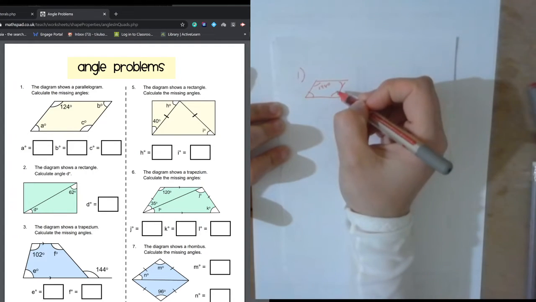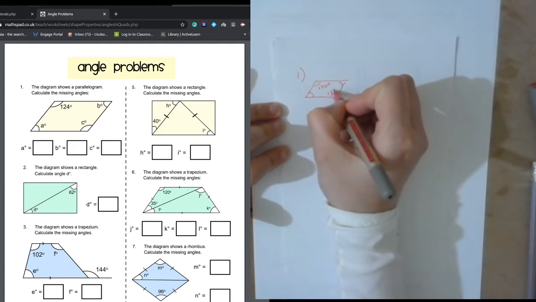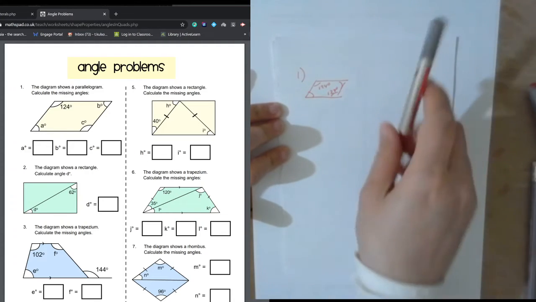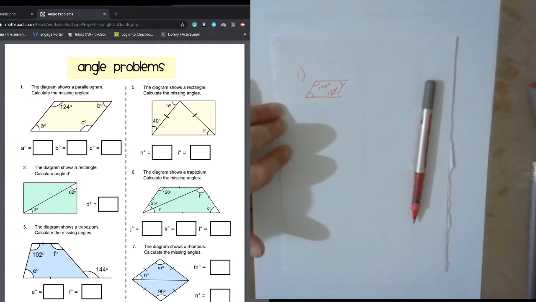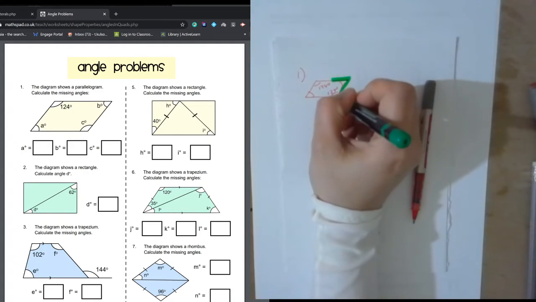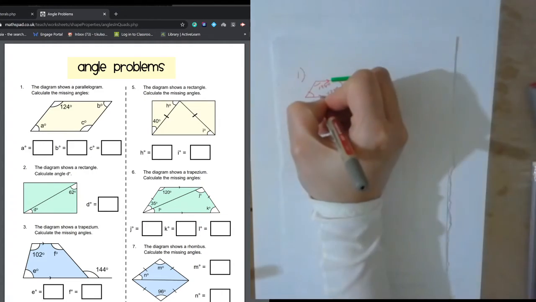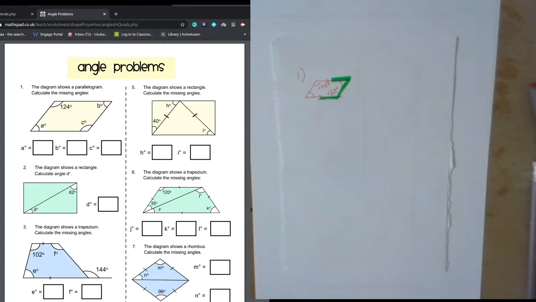Okay, so you've got 124 degrees there, so opposite it will obviously be equal, so you've got 124. Then I did tell you that it is a co-interior because they are parallel lines. You should remember they are parallel lines, and so they are co-interior angles.